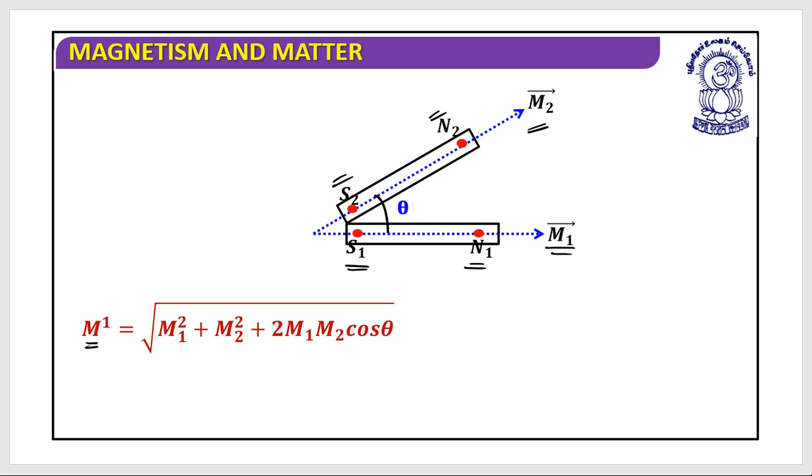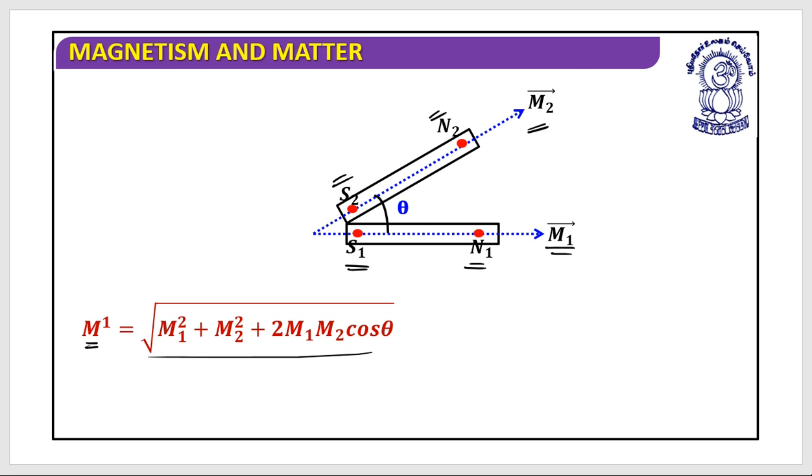If I calculate the m net, that could be given as root of m1 square plus m2 square plus 2 m1 m2 cos theta. Yes, this is the same. R equals root of a square plus b square plus 2ab cos theta. Yes, it is the same thing. Got it?